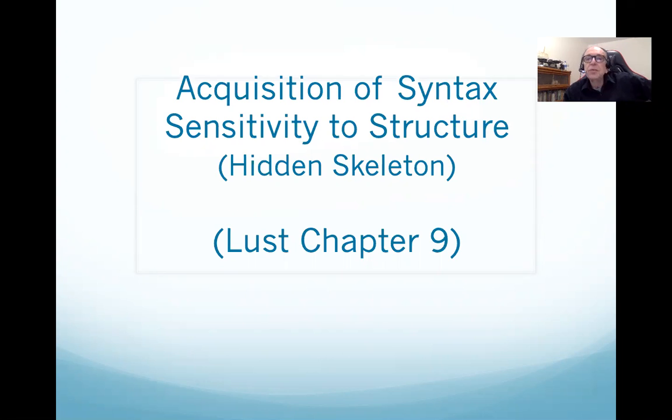She refers to the acquisition of syntax research that she cites in Chapter 9 as influenced by syntax, influenced by the hidden skeleton of language, which refers to the structure of syntax that I've asked you to give some thought to, this chunkiness or organization of sentences.